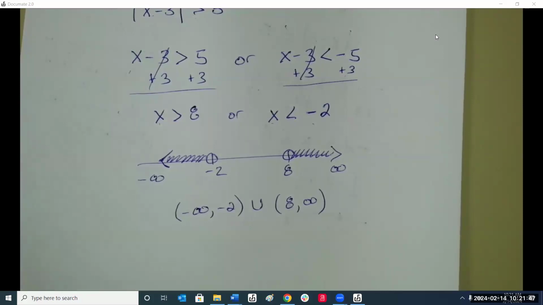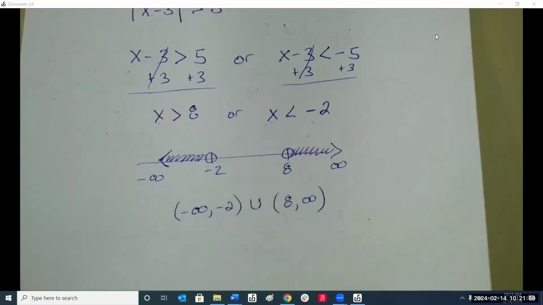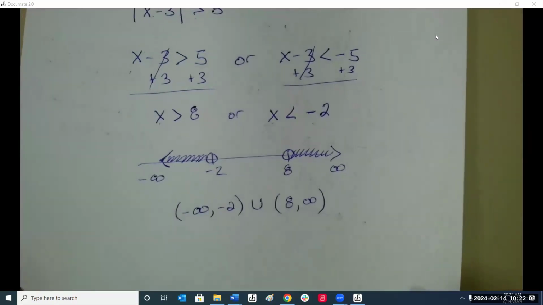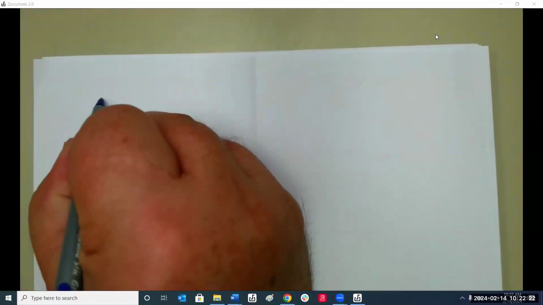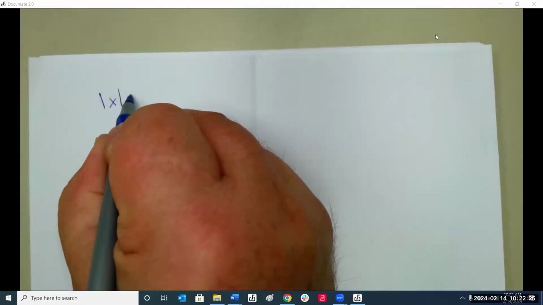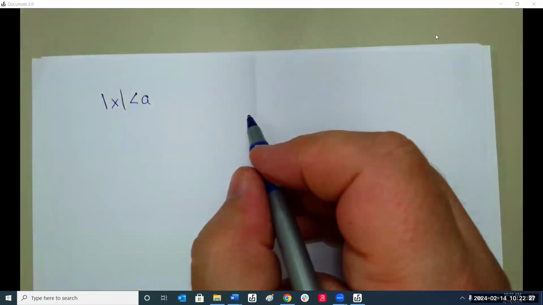If you think about it, both of these rules are mirror images. The answers are mirror images of themselves. I'll show you what I mean. Fold my paper in half. So the first one, we have x is less than a.